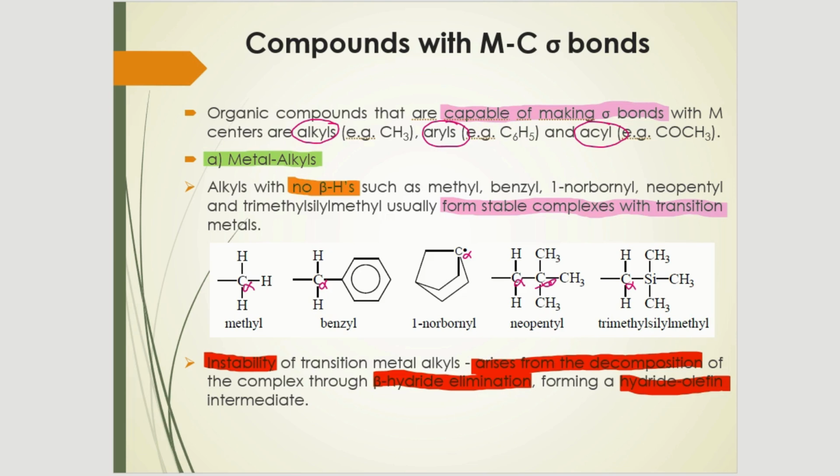So that's why they do not have a beta hydrogen. So this kind of structure can form stable complexes with transition metals. The instability of transition metal alkyls arises from decomposition of the complex through beta hydride elimination, which forms a hydride olefin intermediate. So that's why, to form stable complexes with transition metals, we have to choose alkyl with no beta hydride.